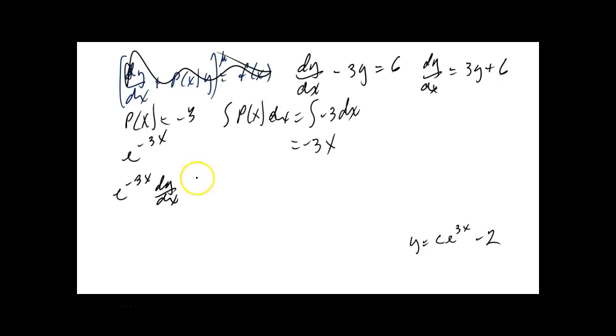That's why I was trying to decide whether I wanted to do it in parentheses or not. I guess we'll do it that way. Minus 3y e to the minus 3x is equal to 6e to the minus 3x.